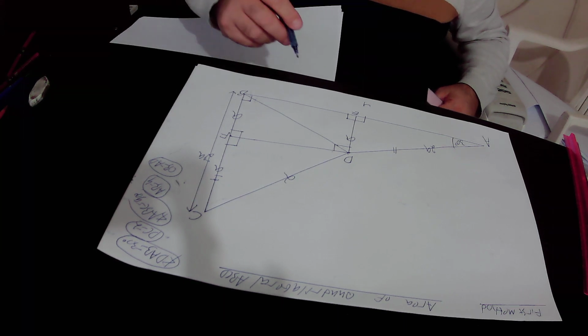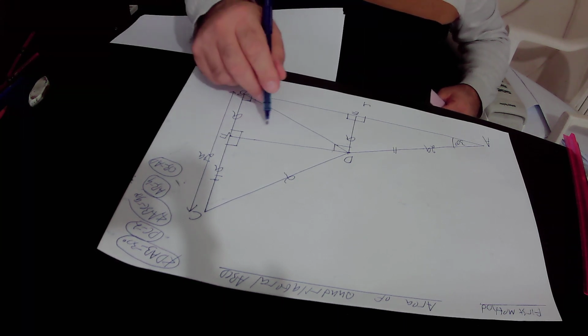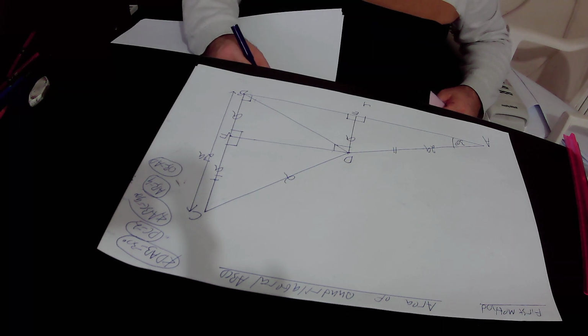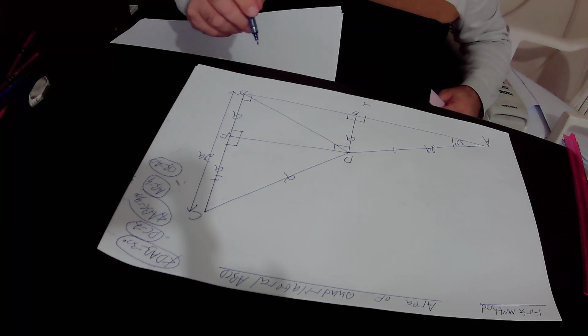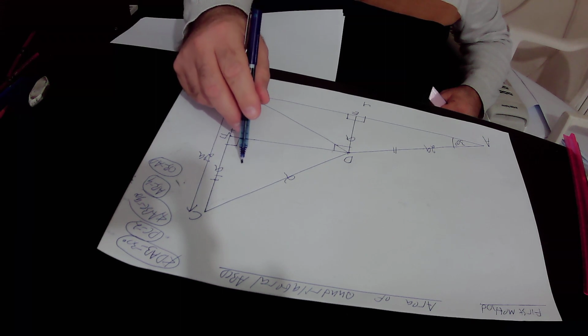I'll repeat again, we will prove that triangle DFB, this triangle, is congruent to triangle DFC, this triangle.